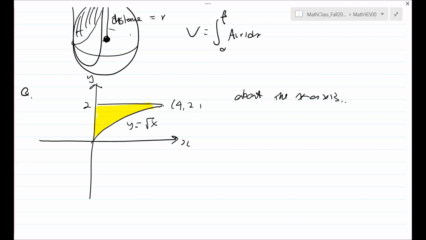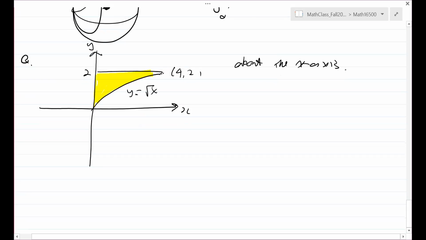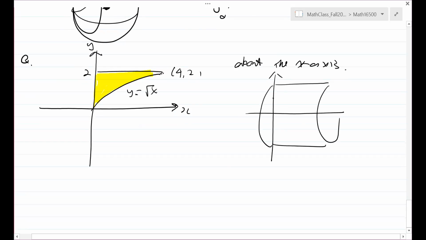One is using the disk, which looks like that if it's about the x-axis. From outside it looks like a cylinder, inside looks like that, right? Clear.